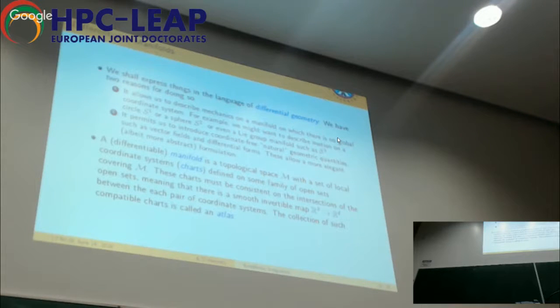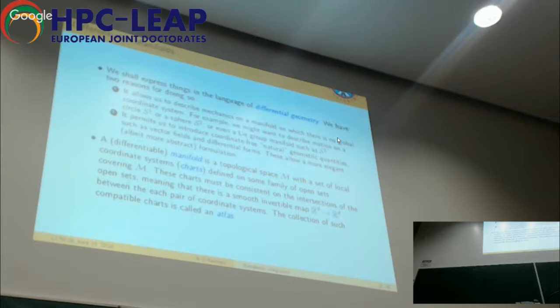So, as I said, there are two reasons for using modern differential geometry in general, not only for symplectic integrators, but for discussing motional manifolds and behavioral properties of manifolds.